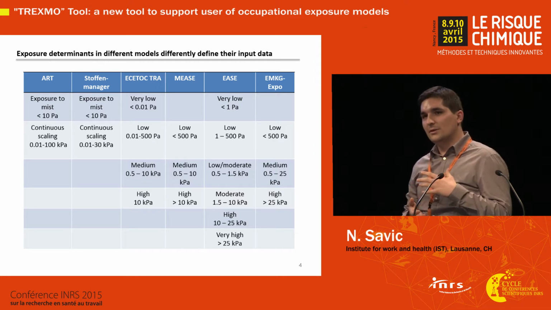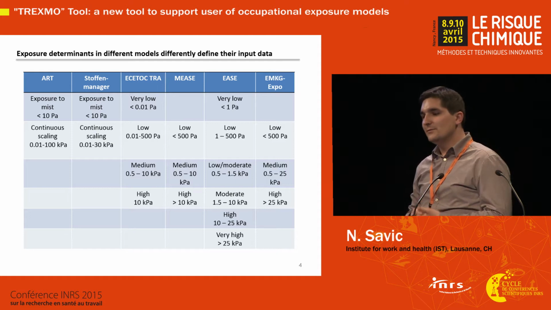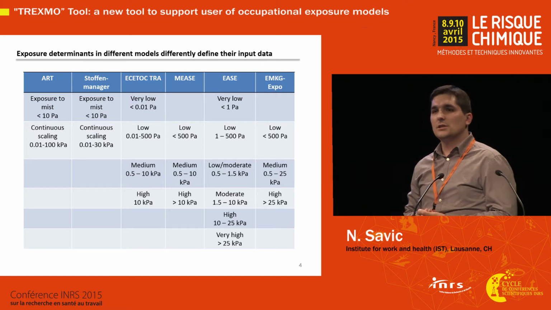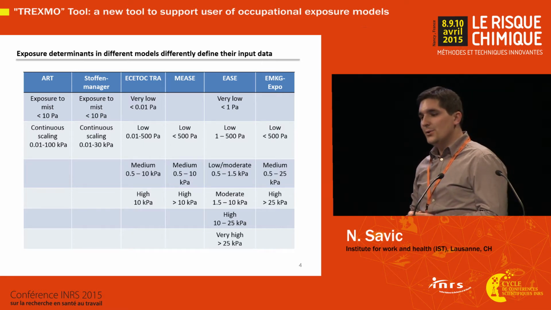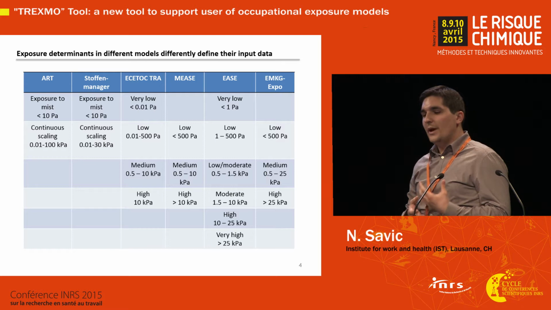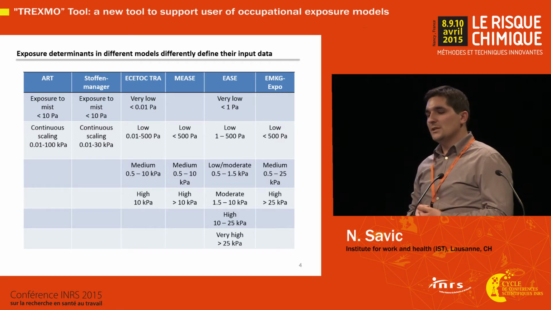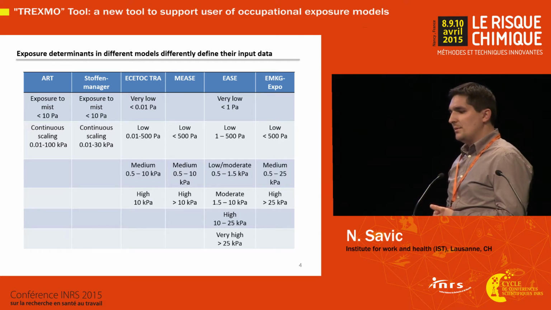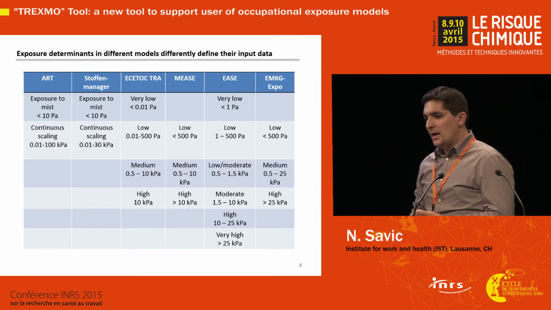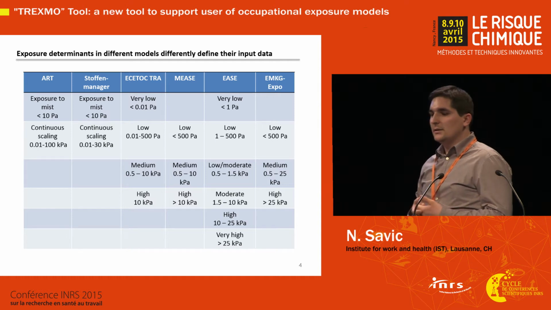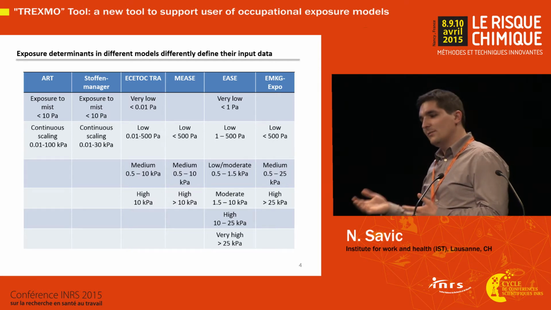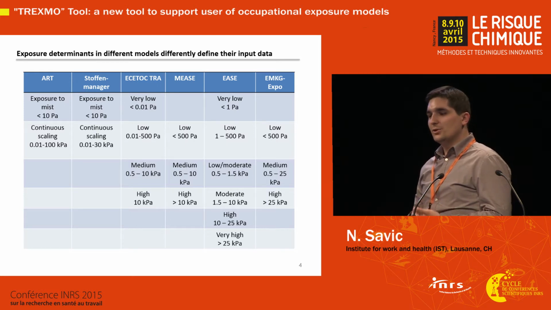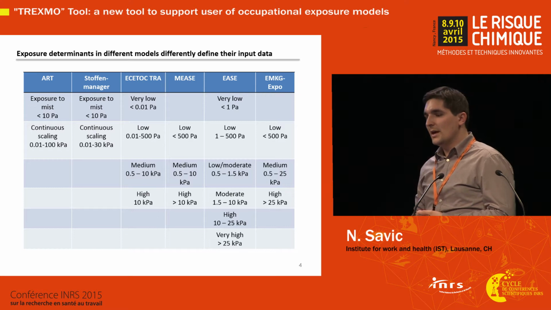ART and Stoffenmanager, again as the most complex models, describe this determinant using continuous scaling of the vapor pressure, unlike the other 4 models, which use predefined exposure inputs for this determinant.